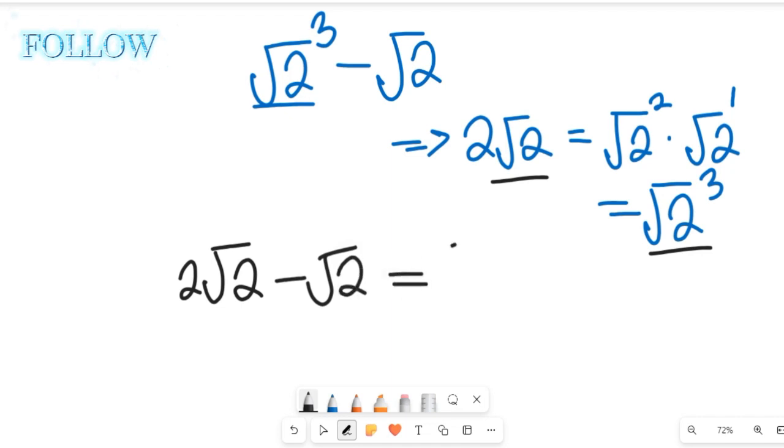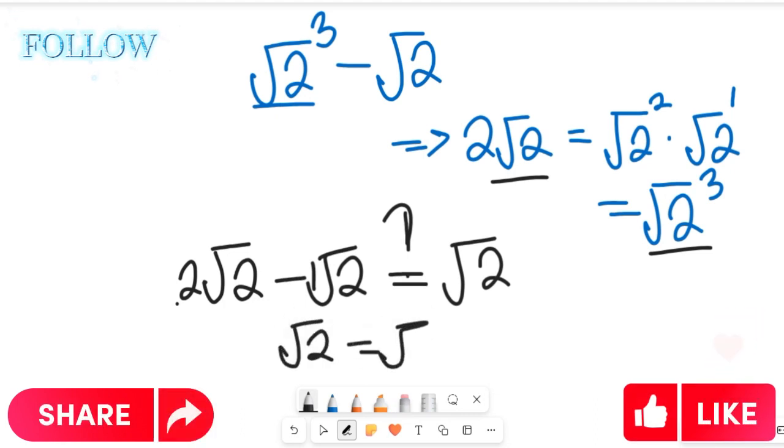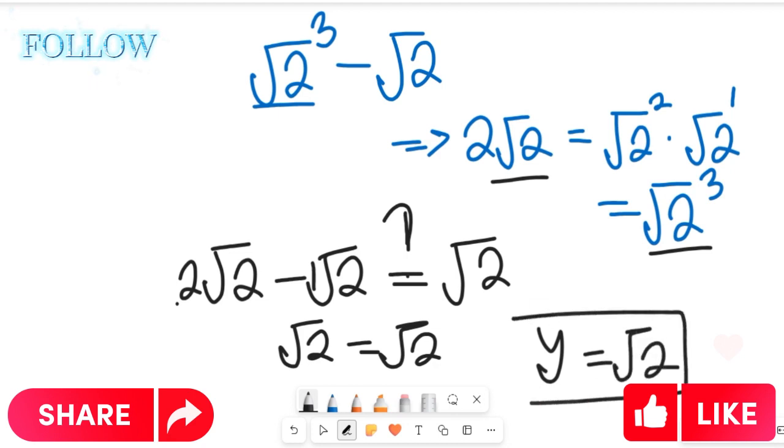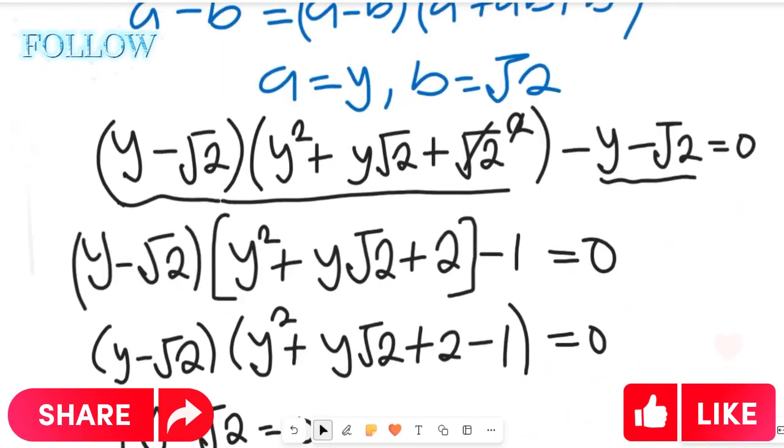Now will this give us root 2, which is the same thing as the right hand side? Of course it can. 2 minus 1 is going to give us 1. So that will give us root 2 to be equal to root 2 on the right hand side. So that tells us that y equal to root 2 is a solution that satisfies that exponential equation we have in the question that's given to us.